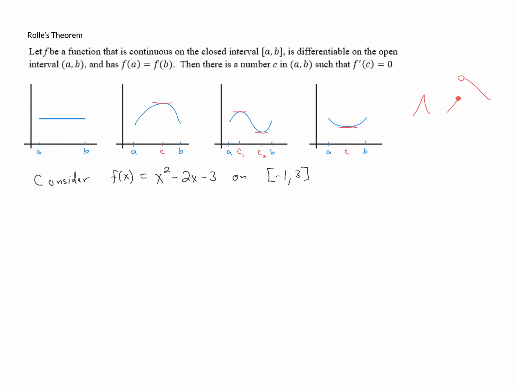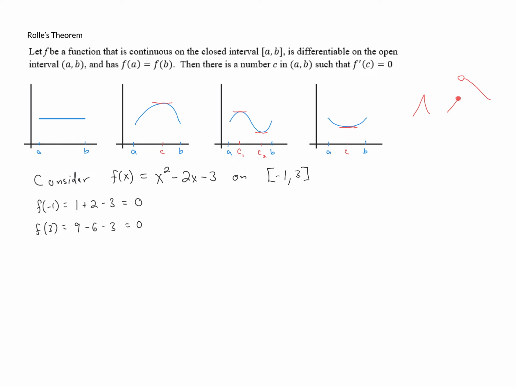Now, if we evaluate this function at -1 and 3, f of -1 is equal to (-1) squared, which is 1, minus 2 times -1, which is +2, and then -3. And when we combine those, we get 0. Similarly, f of 3 is going to be 3 squared, which is 9, minus 6 minus 3, also equal to 0.